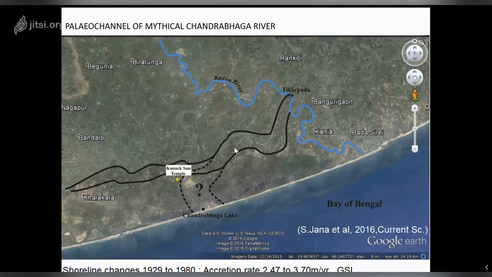Within a radius of 50 kilometers from the temple, you do not find the rock Khondalite which has been used for the construction of this temple. The nearest probably is Dhauligiri, which is of Khondalite, but then that is too small an outcrop to provide such a huge volume of rocks for the construction of this temple.